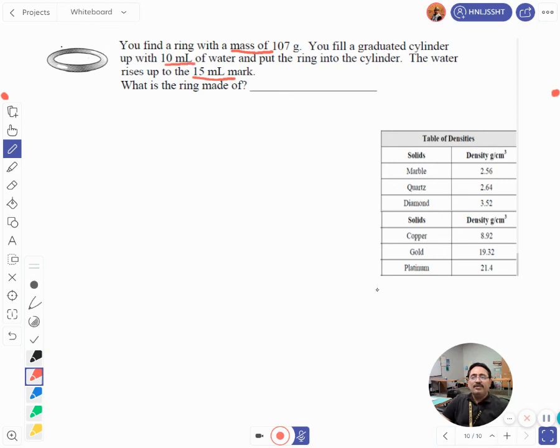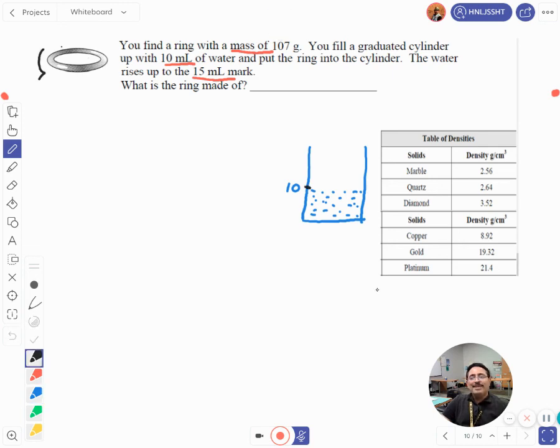Okay, right. What is the ring made of? In fact, this is a challenging question because you take a vessel that contains some water in it. That is 10 milliliters.